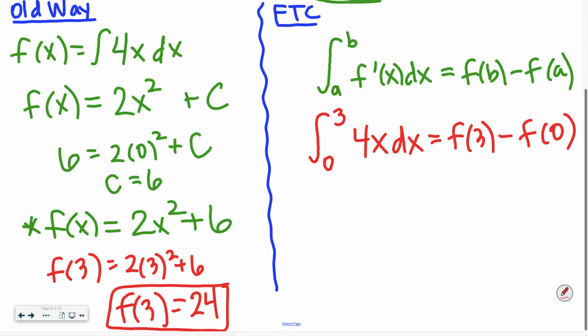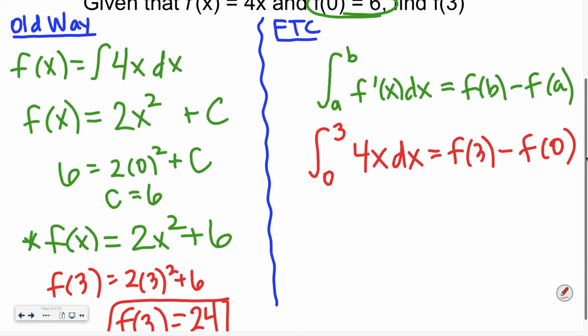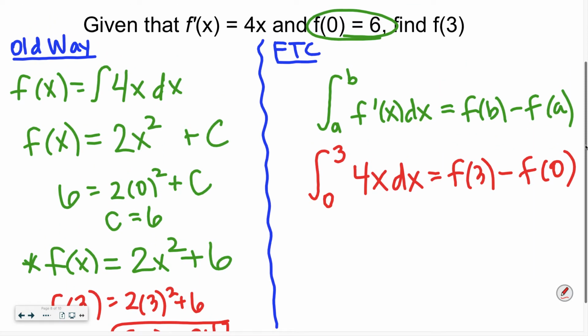Where did the 0 and 3 come from? Those are the x values that they give me. I know f of 0, which is why I'm using it. I'm looking for f of 3, which is why I have it in my integral.